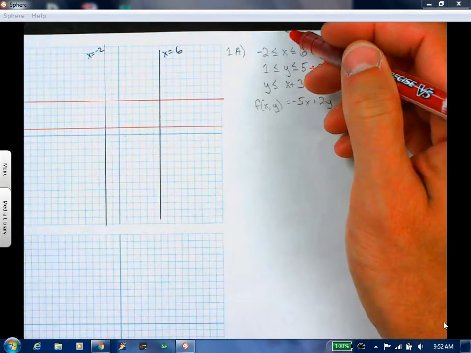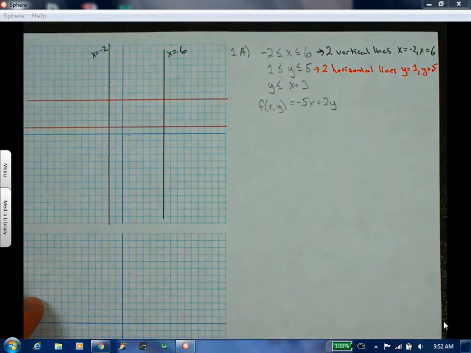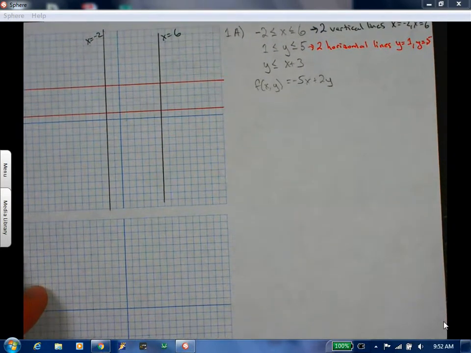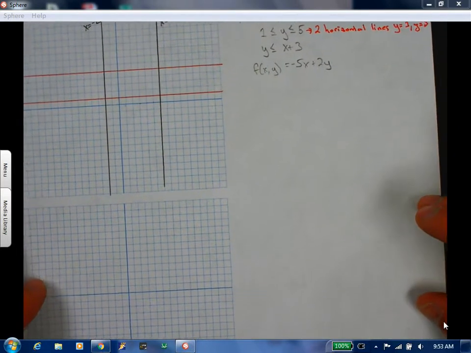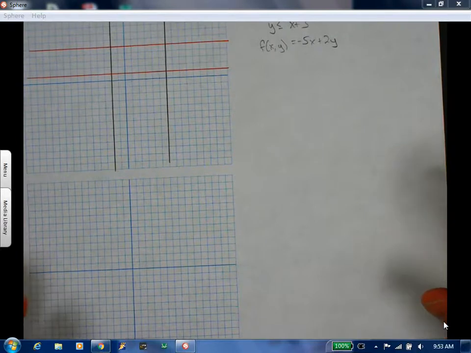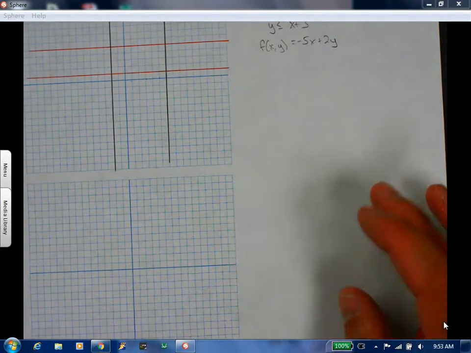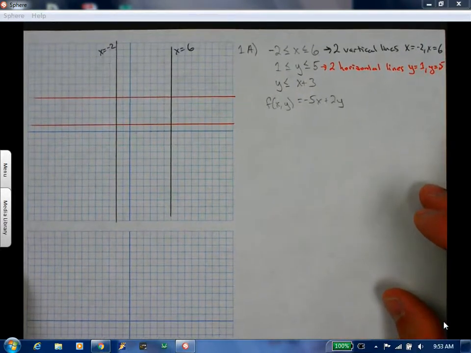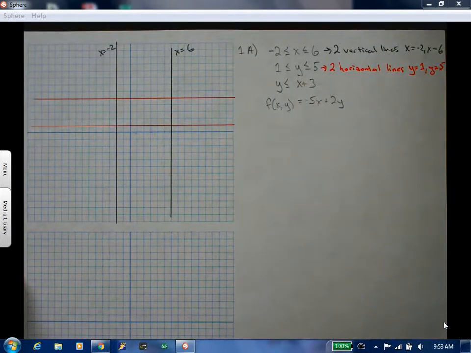We have a rectangle. And the third line here would be a y and an x, so that has to be slope-intercept form.